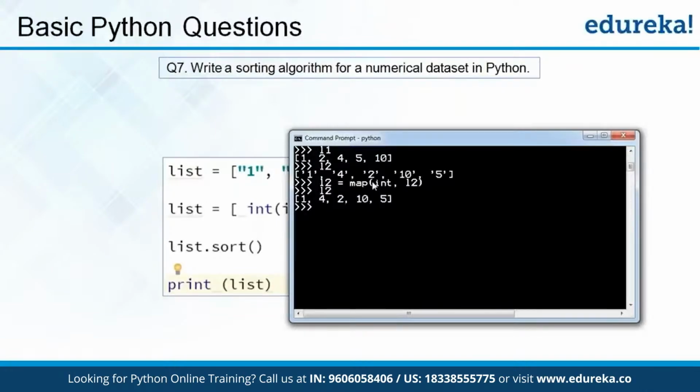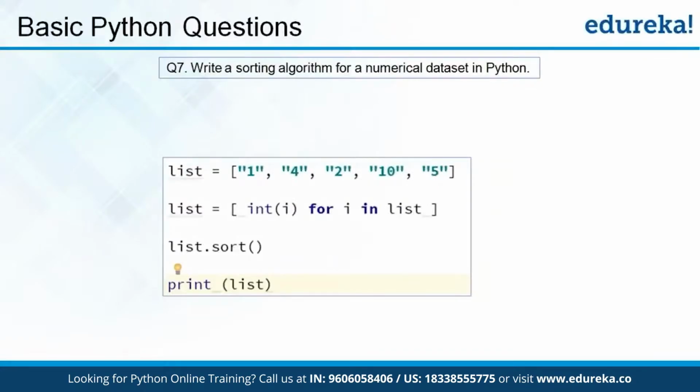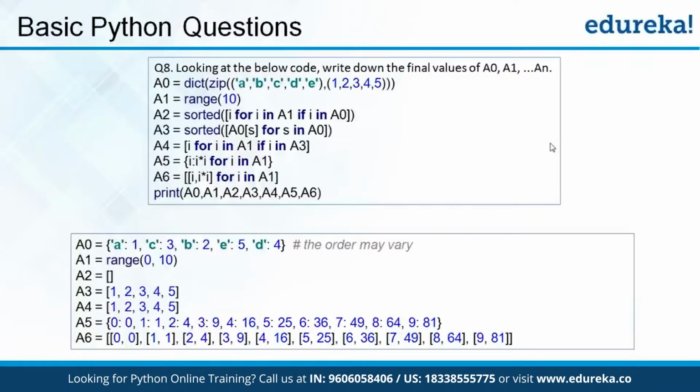Map of int comma L2, and L2 dot sort will give you the sorted items. So there are two ways of doing it. This is one way and this is the other way. Are you all clear? Map takes any function and maps it to a particular list of items. Does that answer all your questions, Roma, Madan, Varun? All right.